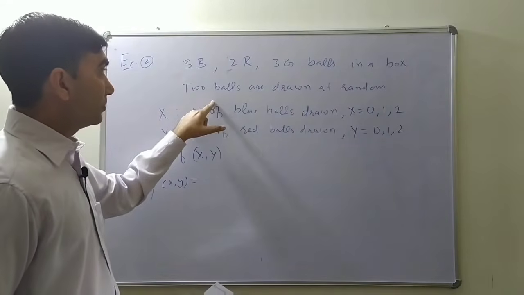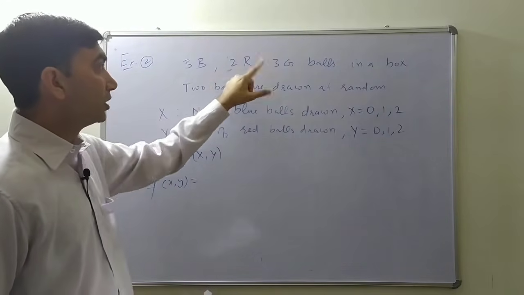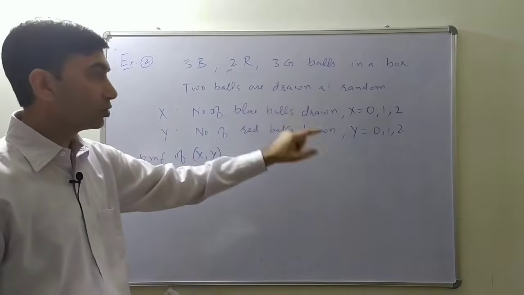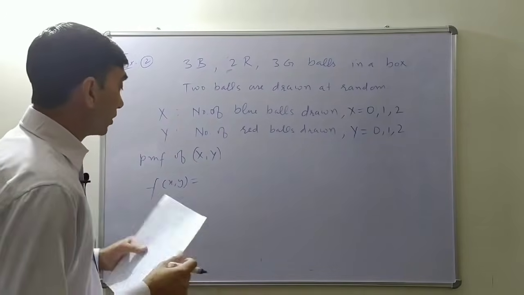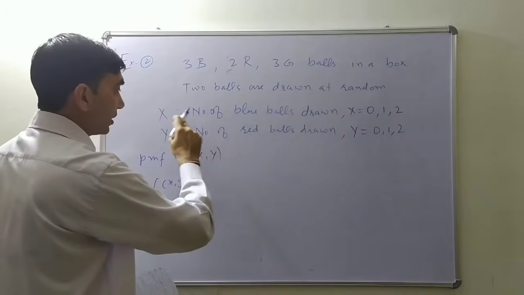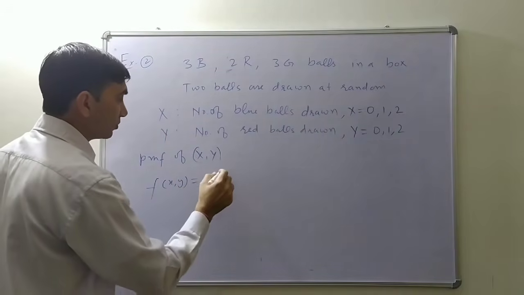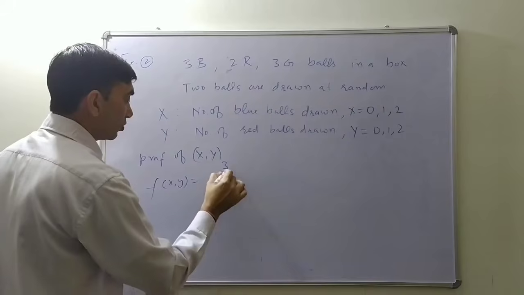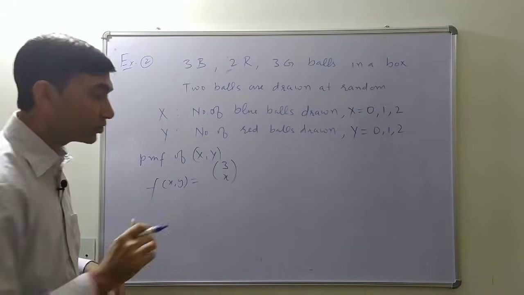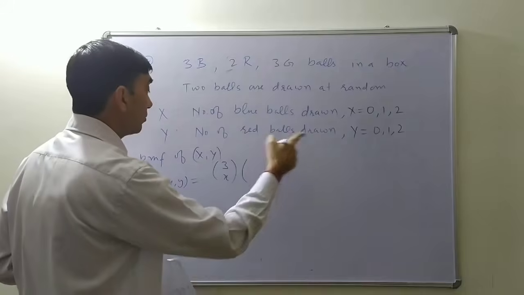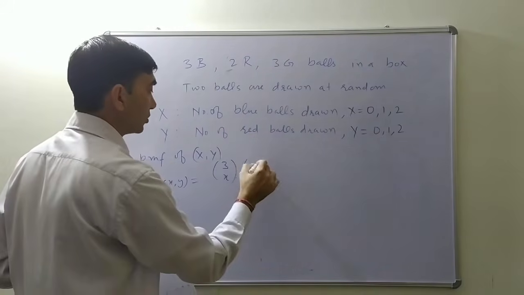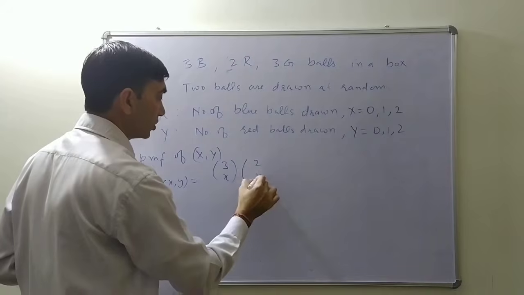Two balls are drawn out of 8 balls. There are a total of 8 balls in the box. Say x balls are coming which are blue. Out of 3, x balls can be drawn in how many ways? 3Cx ways. Y balls are coming from 2 red balls, so that can happen in 2Cy ways.